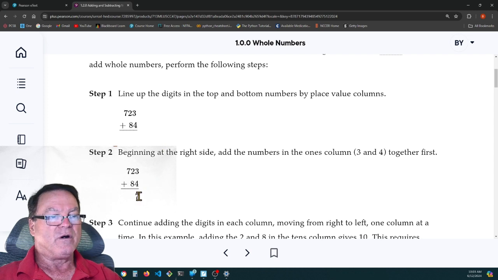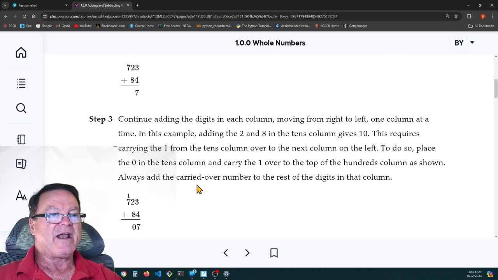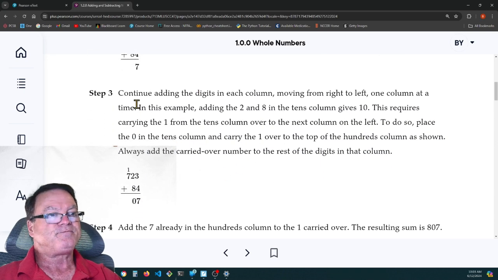So 3 plus 4 equals 7. 8 plus 2 equals 10, and we're going to have to do something called carrying the 1. We'll write the 0 in the 10, and we'll put the 1 for the 10 above the hundreds column. The reason for that is we're not adding 8 plus 2, we're actually adding 80 plus 20, which equals 100.